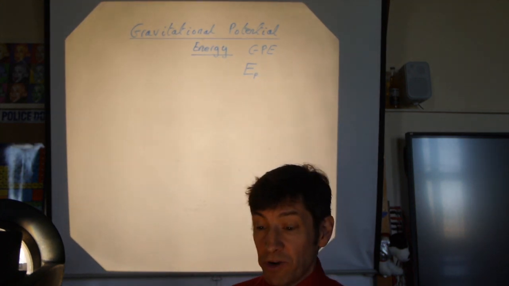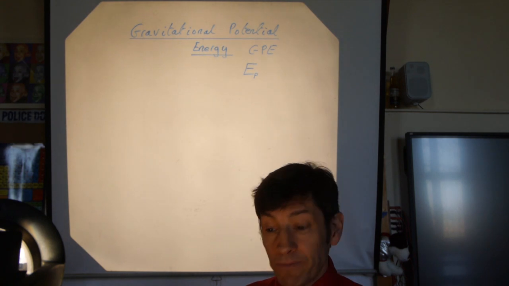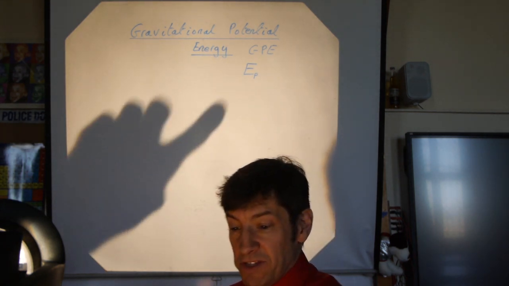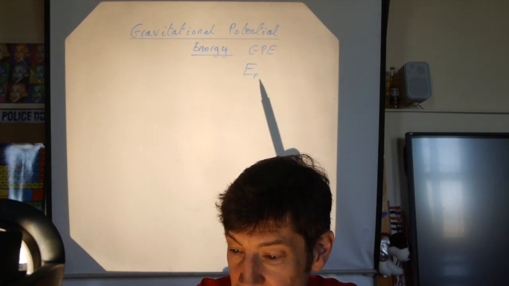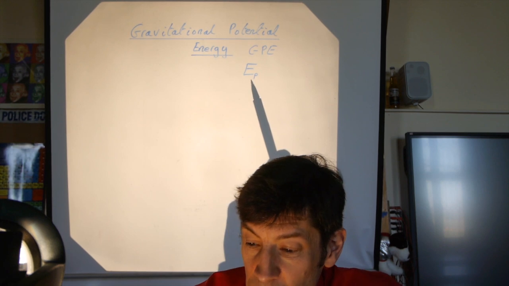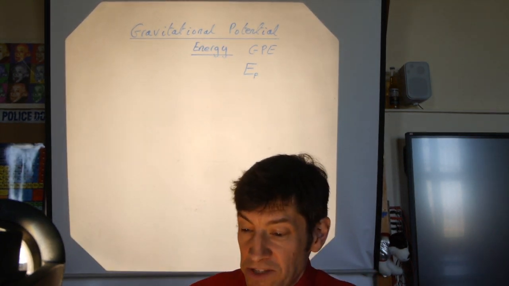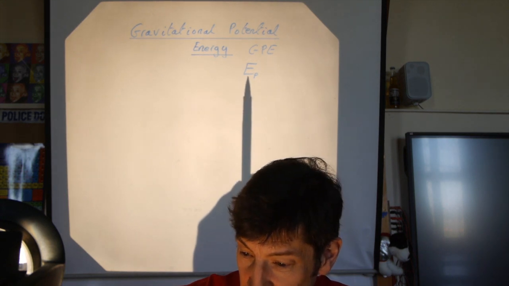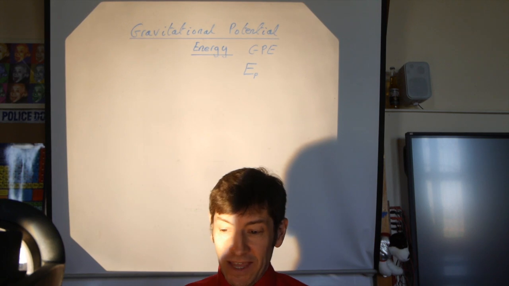For some reason at GCSE, whenever they write E subscript P, they mean gravitational potential energy. You don't need to do anything with that little letter, it's just there to remind us that this is gravitational potential energy. I might oscillate between the two, but it's easier to have one letter in an equation. This would be confusing. It looks like 3 multiplied together.